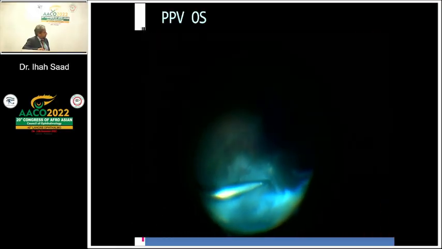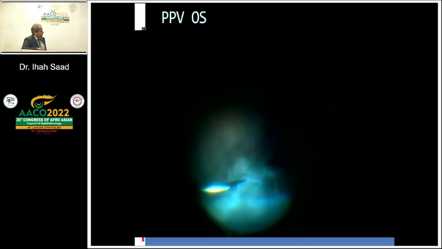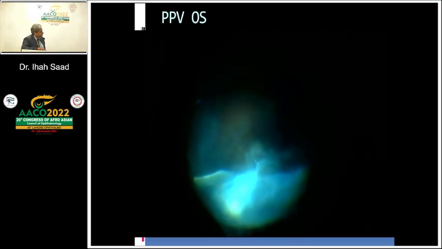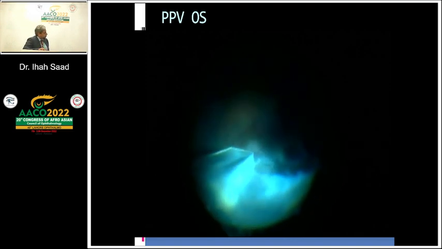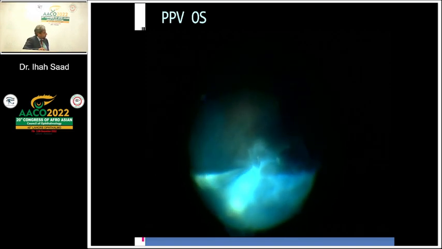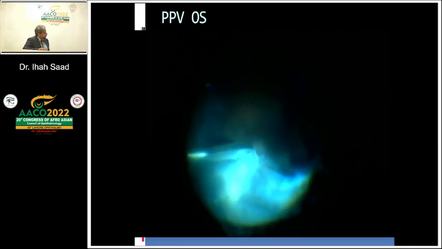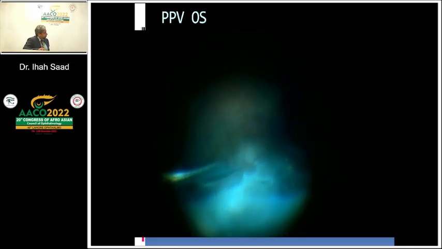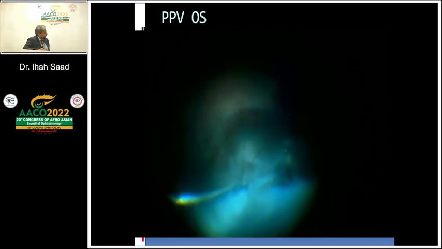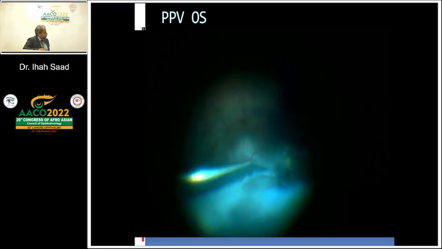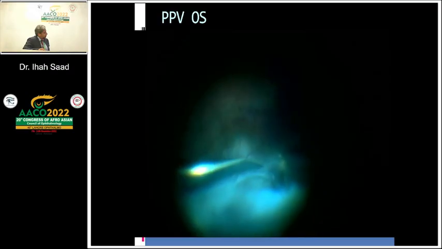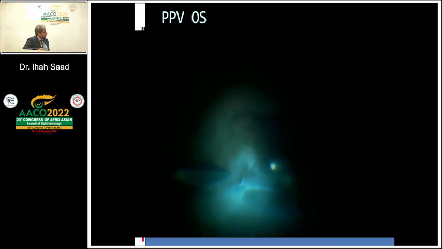Going back into the vitreous, we can see this retinochoroidal scar, and we try with sharp dissection to isolate and remove the scar here. So this is the optic disc, and this is a scar going into the retinochoroidal junction. We go very gently, isolating the scar. Sharp dissection here is useful.